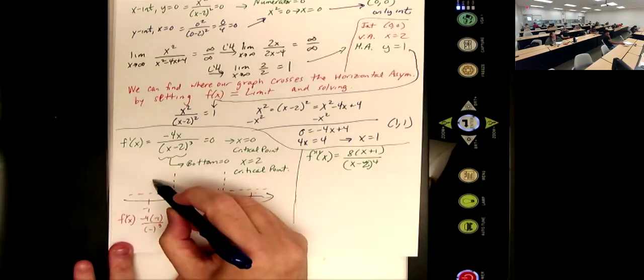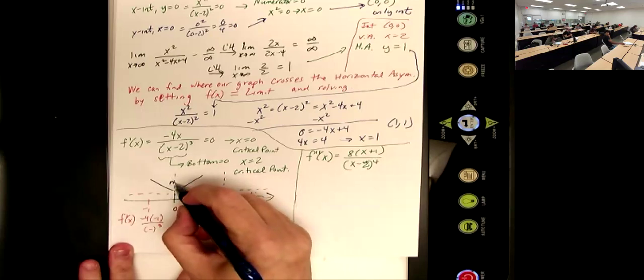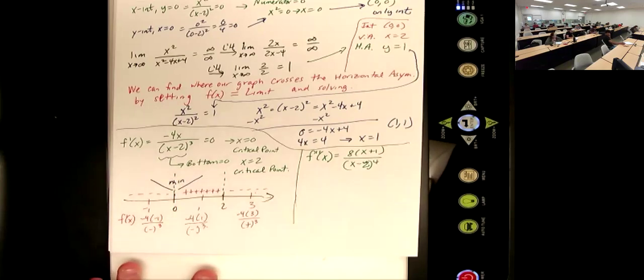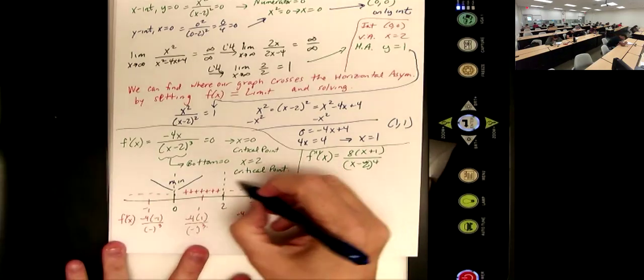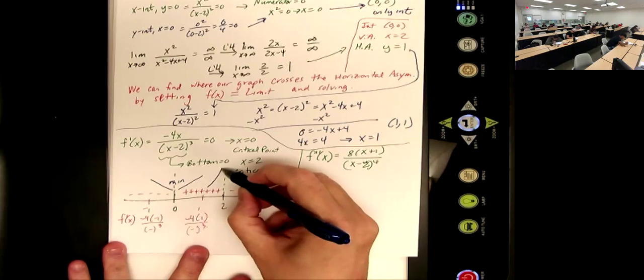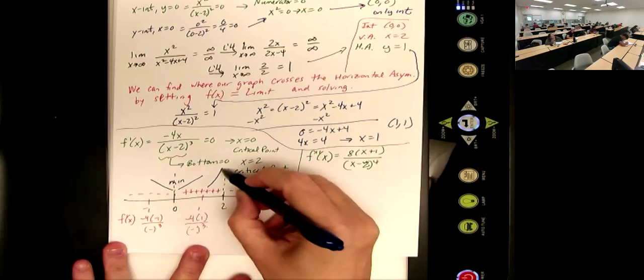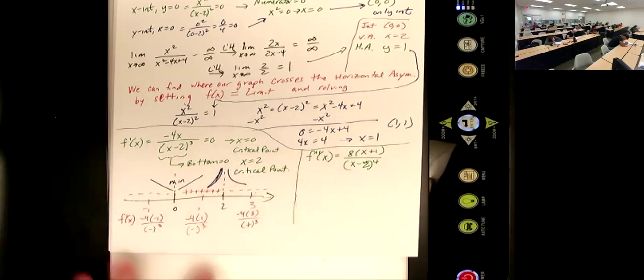If we look at our behavior, we're coming down and we're going up, so we have a min at 0. And this is going up as we approach 2, and it's coming down as we go away from 2. It looks like our asymptote is going to have positive infinity on both sides.